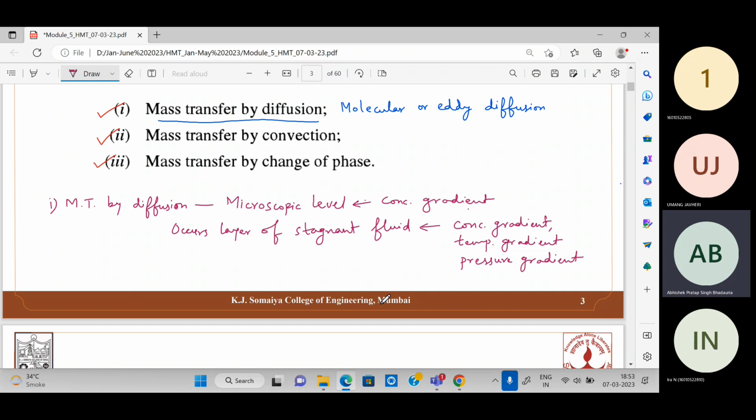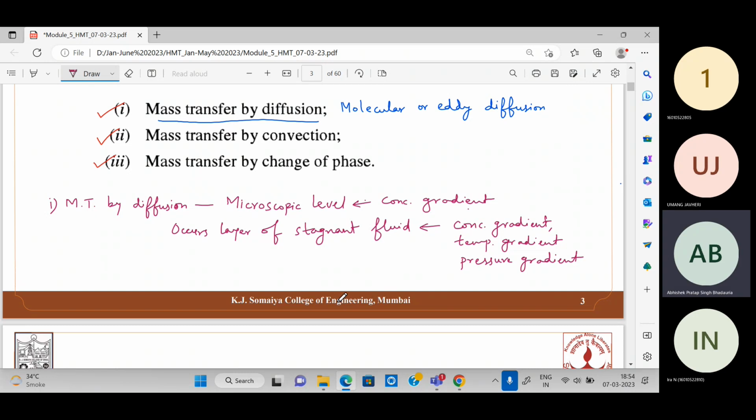Also, the diffusion of a small fraction of oxygen in the air into seawater meets the oxygen needs of marine animals. So these are the general examples of mass transfer by diffusion.